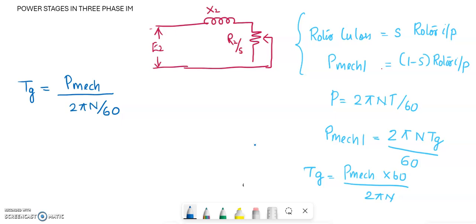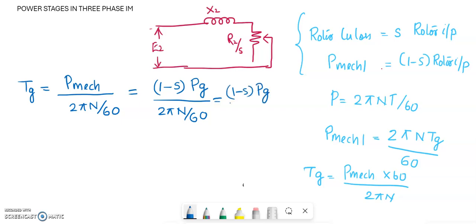And we know the mechanical power developed P mechanical is equal to 1 minus S into the rotor input, that is the air gap power Pg, so I can write 1 minus S into Pg, divided by 2 pi N by 60.